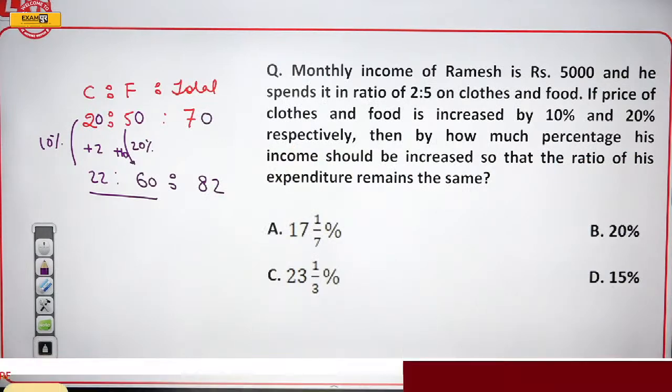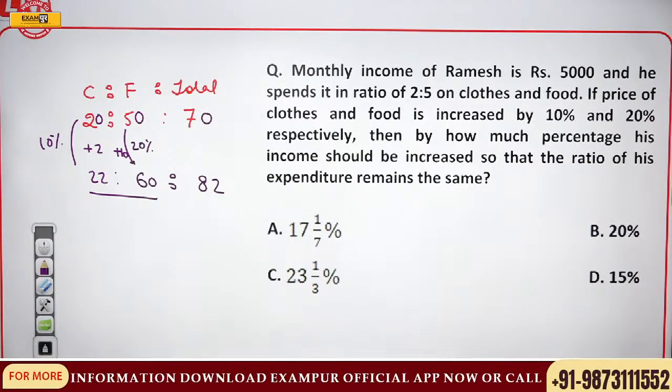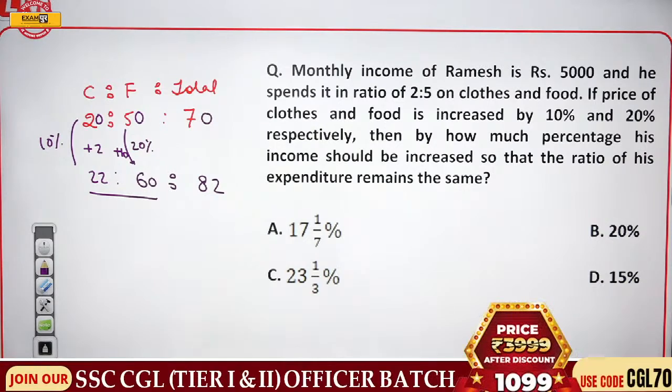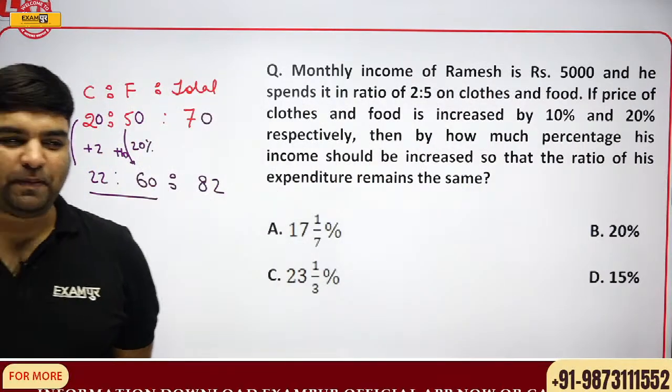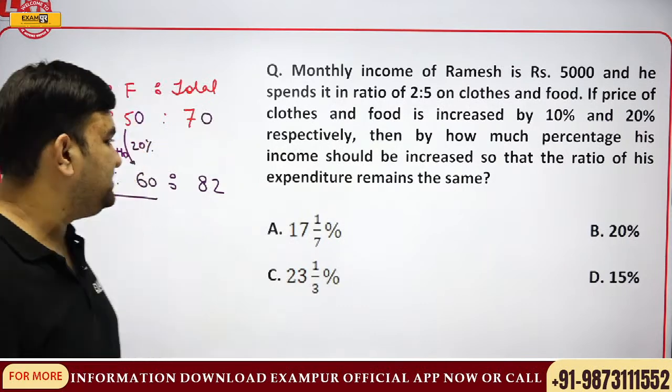By how much percentage should his income be increased to keep the expenditure the same? So expenditure is increasing from 70 to 82.